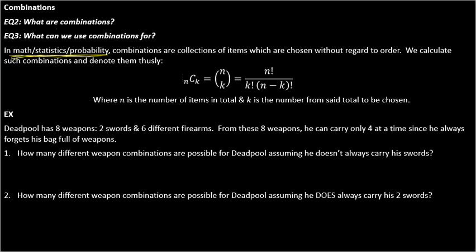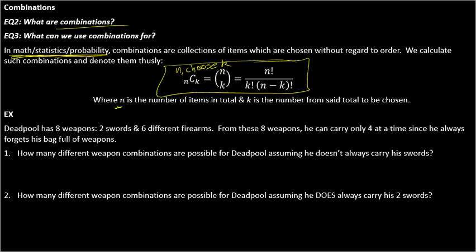Okay, so first let's explore what combinations are. Combinations in math, statistics or probability are collections of items which are chosen without regard to order. We have special notation for that right here, and what this reads as is n choose k.